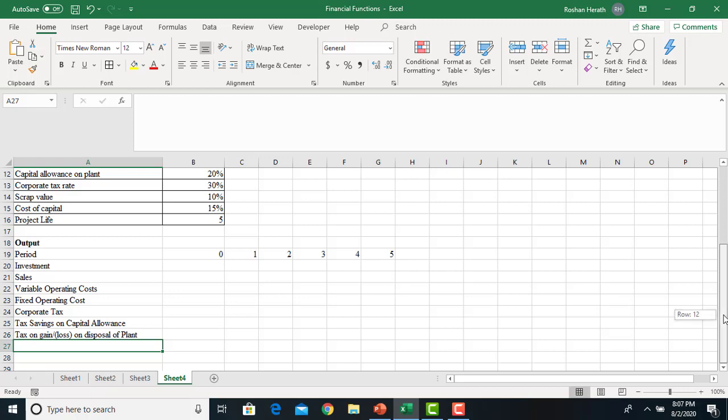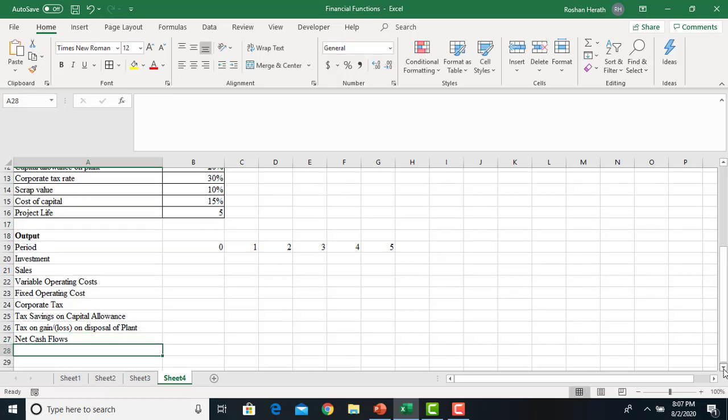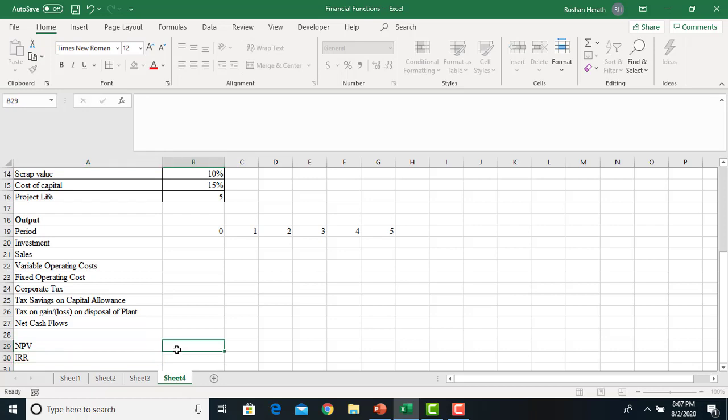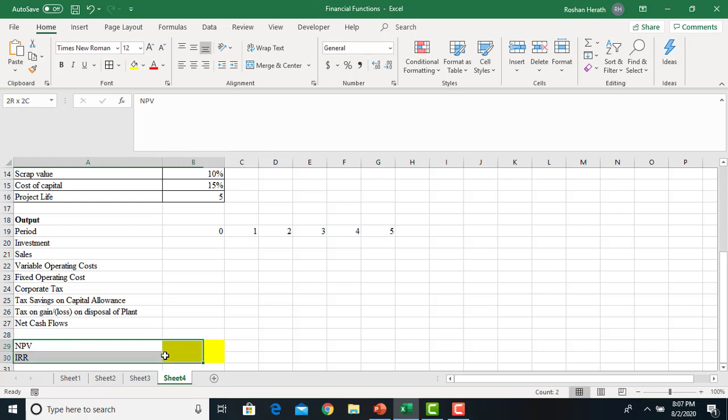And these are the cash flows that you may have to consider. Thereafter, you can take the net cash flow. So once you get into the net cash flows, you can identify the NPV. So also the IRR is requested. You can work out both. So here I have simply set the format.